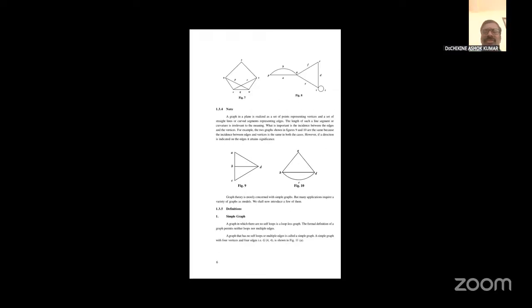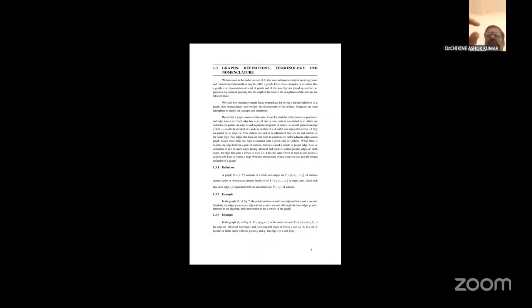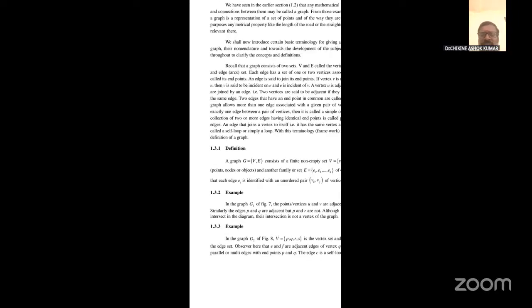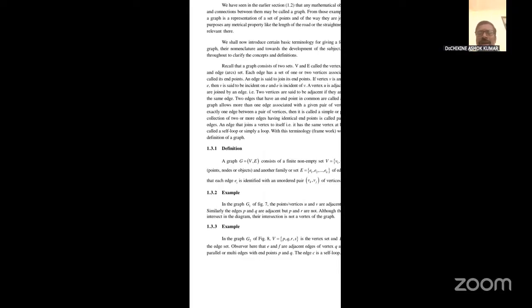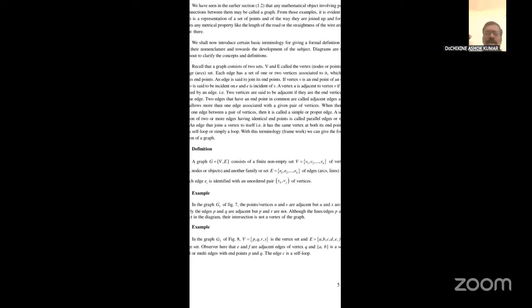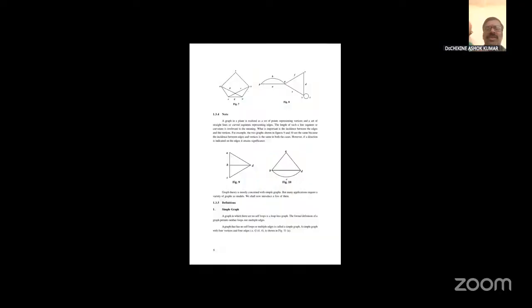With this graph, I will define some more definitions. See here, in the previous graph I showed just now, in the graph G, that is in figure 7, the points or vertices U and V are adjacent, but U and X are not. What is the meaning of adjacent vertices?